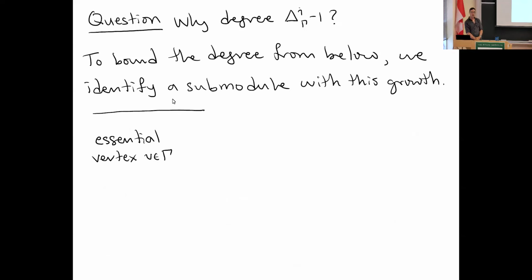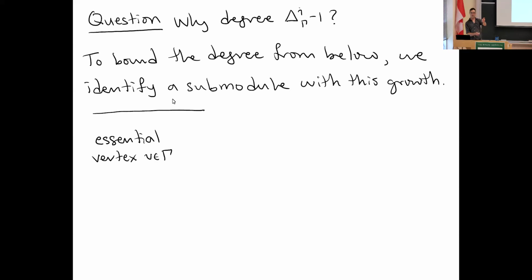So this is where we're going to go back to the second example we saw, the star graph with three edges. What we saw there is that the configuration space of two particles in a star graph with three edges had the homotopy type of a circle. And so if I have an essential vertex in my graph, I have at least three edges coming together.